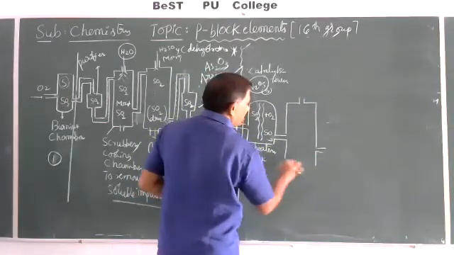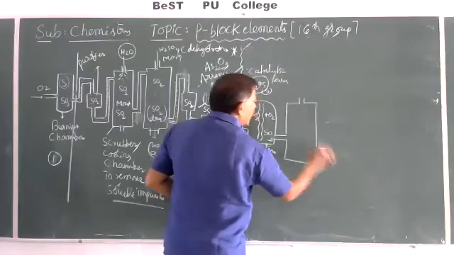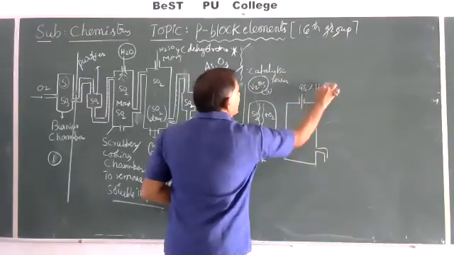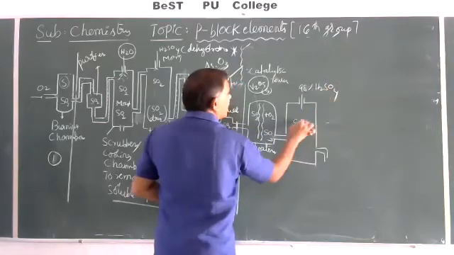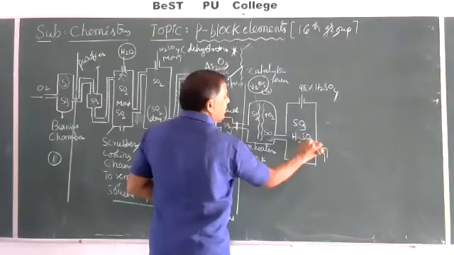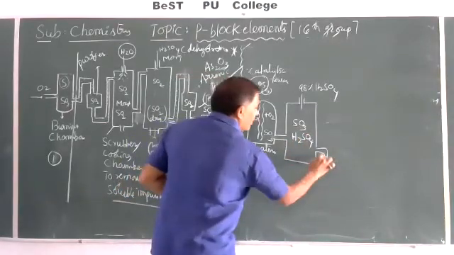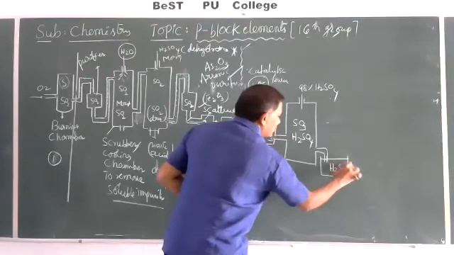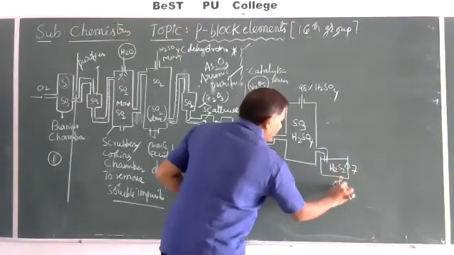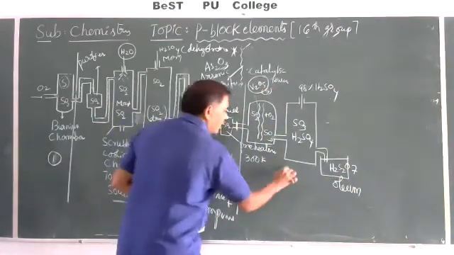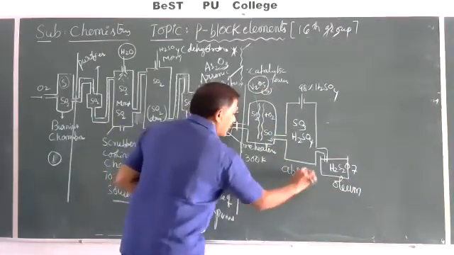That tower contains mainly 98% sulfuric acid. Now the obtained sulfur trioxide gas is absorbed in sulfuric acid and forms fuming sulfuric acid, that is H2S2O7, called oleum. This tower is called an absorption tower.